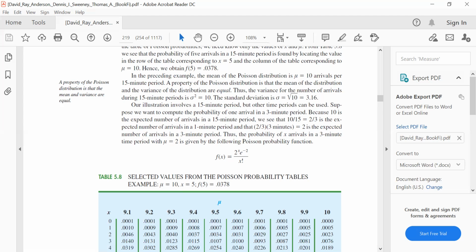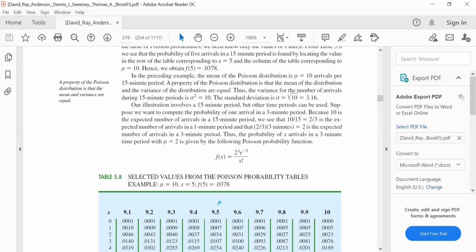We see that 10 by 15, which is equal to 2 by 3, is the expected number of arrivals in a 1 minute period, and that 2 by 3 multiplied by 3, that is equal to 2, is the expected number of arrivals in a 3 minute period.